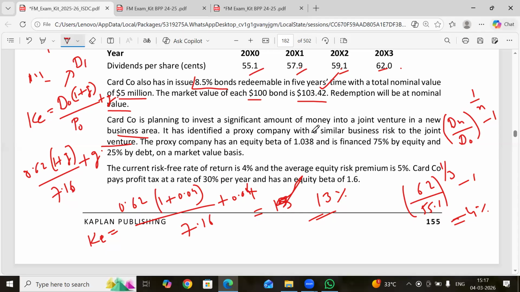Everyone, please tell me, are you familiar with this kind of terminology? We have already discussed everything in the class. Okay, so let me do the ungearing part.